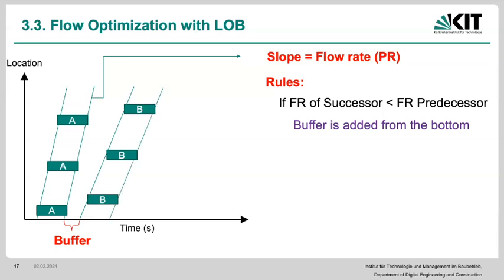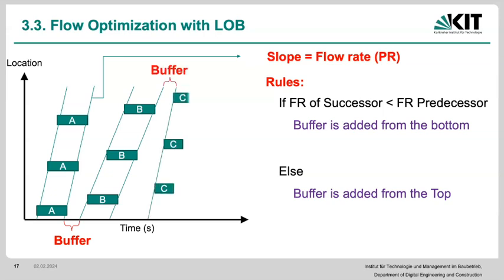And this is going to be how it is. Vice versa, if now we have, let's say, a production rate of an activity that is a bit more straightforward, what do we do? We add a buffer from the top. This way. This is the simplest way that we would be able to do it.